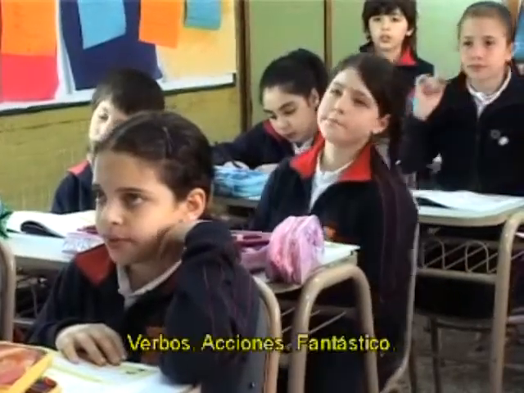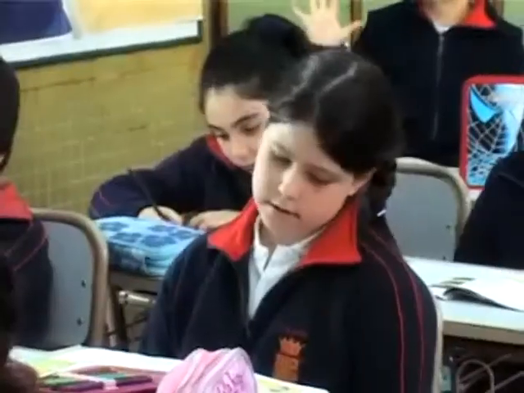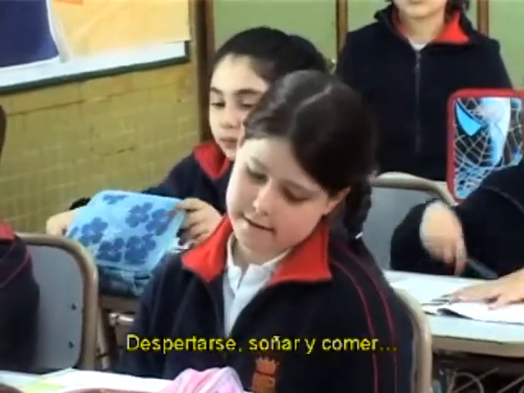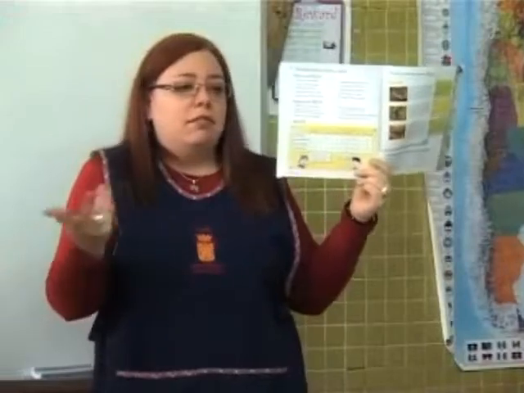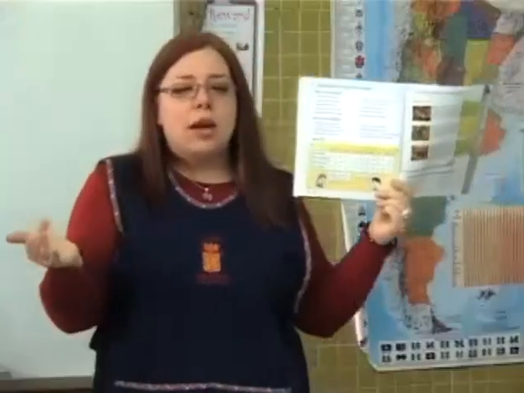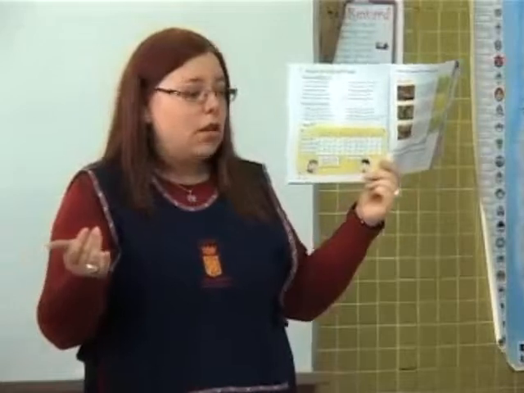Verbs, actions, fantastic. ¿Y qué tipo de verbos son? ¿Por qué dijiste routine? Ok. Son verbos que nos dicen qué de alguien. Do, lo que hace todos los días, por eso vos dijiste routine, ¿sí?